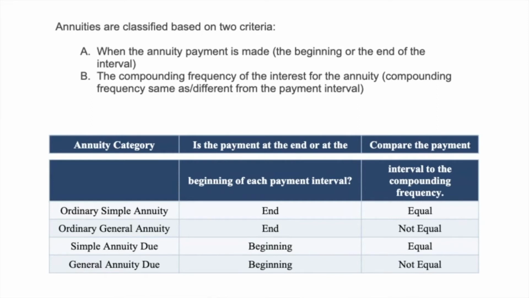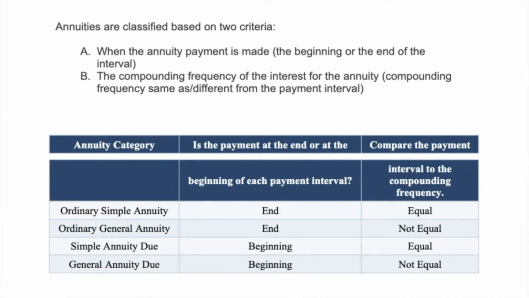And we have to ask ourselves, okay, let's assume that the interest is compounded monthly, and let's assume that the payment is made monthly. So the compounding of the interest is monthly, and the payment is monthly.